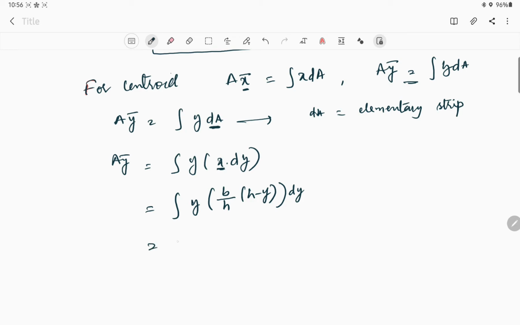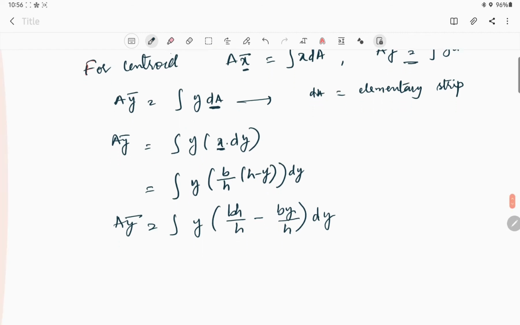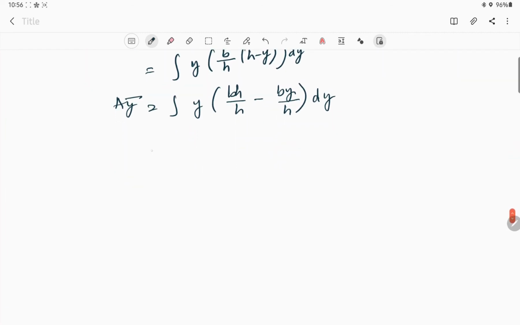If you simplify this one, y will take it outside only, so b minus b y by h into dy. So this is A y bar.